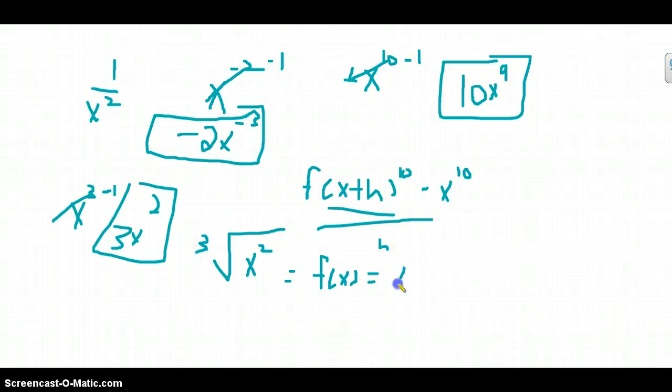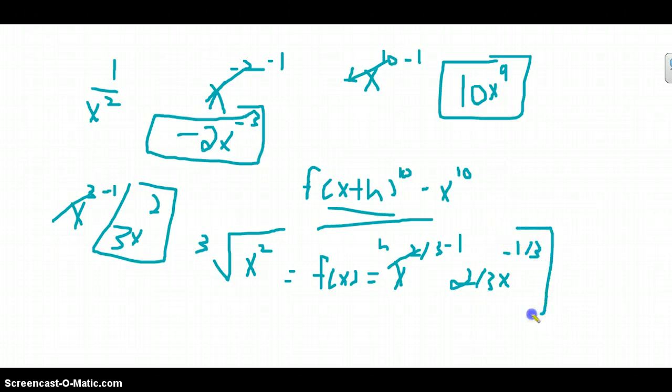So x to the 2 over 3. And I do the same thing. I drag it in front, so 2/3 x, and then minus 1. That should be negative 1/3. And that is the derivative of that thing.